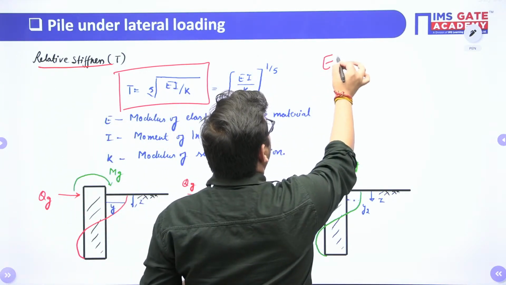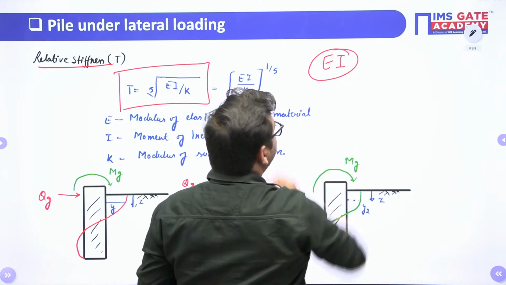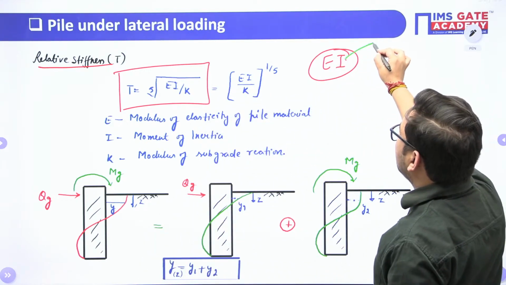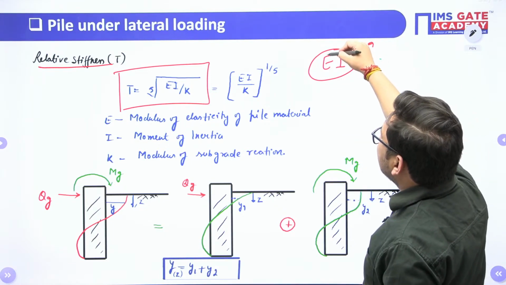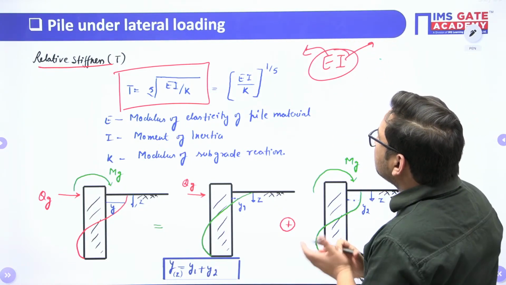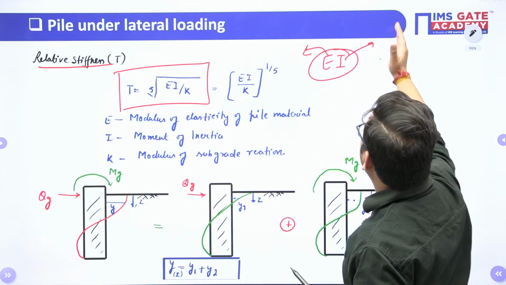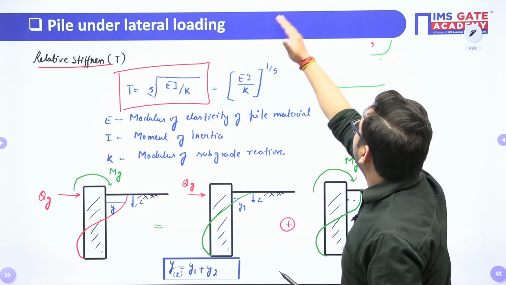This EI is your stiffness value, right? E is your modulus of elasticity, and I is your moment of inertia, right?